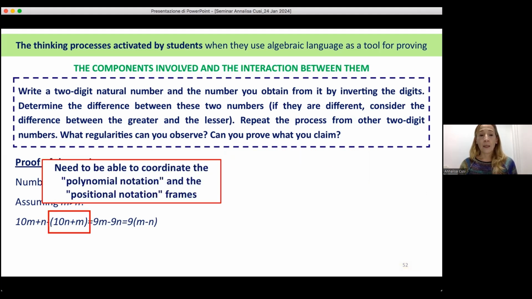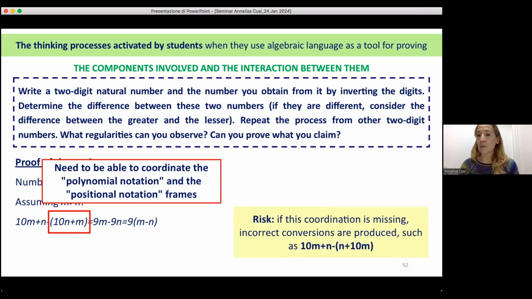Then students should be able to coordinate effectively the polynomial notation frame with the positional notation frame. And we saw in this example that if there is not a good coordination between these two frames, it could happen that students, for example, translated inverting the digits as only changing the place of these two monomials.